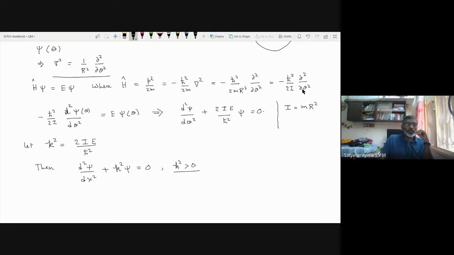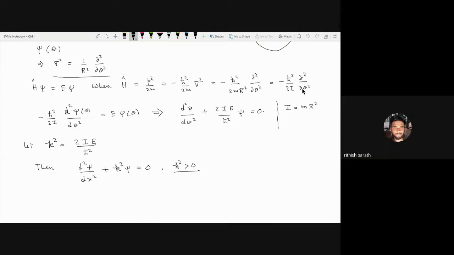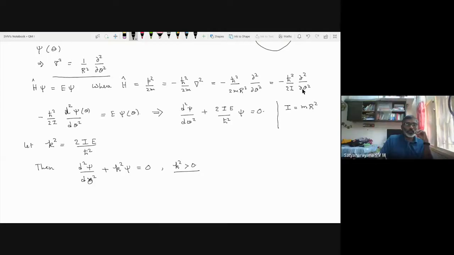So d square psi by d theta square plus k square psi is equal to 0, which means this will have a complex exponential solution or trigonometric solutions.